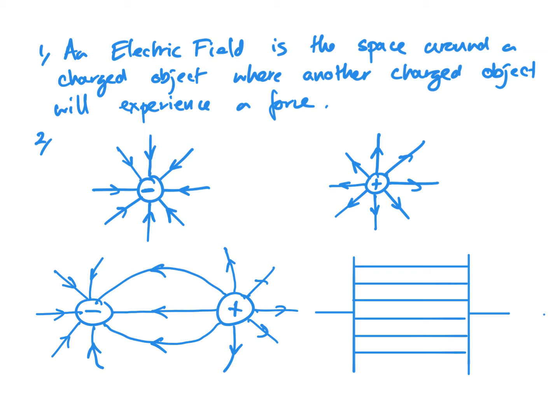Strictly speaking, you do get what are called edge effects, which means that around the edges it curves a wee bit. So if this was our negative plate here, and that was our positive plate, then let's get our direction specified.